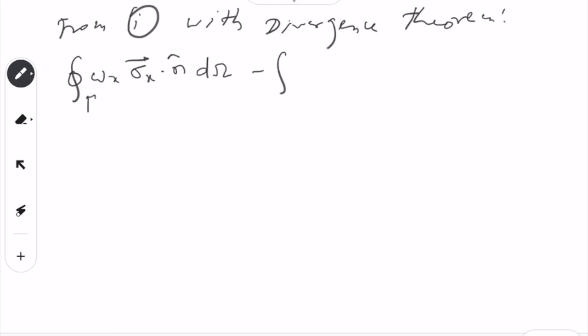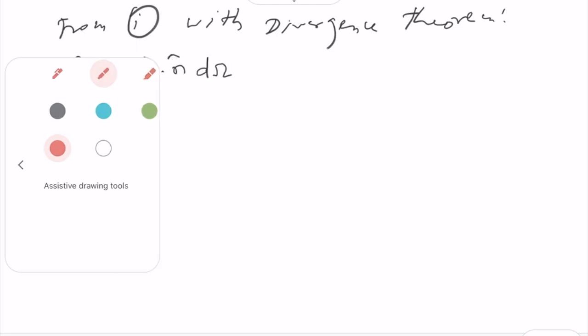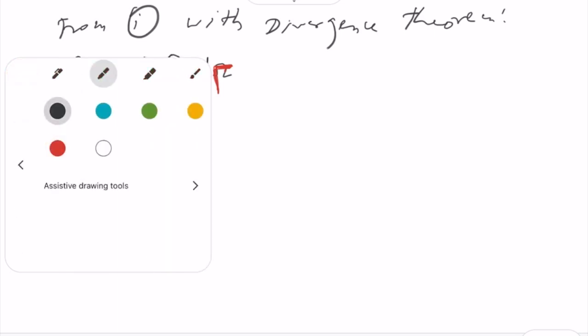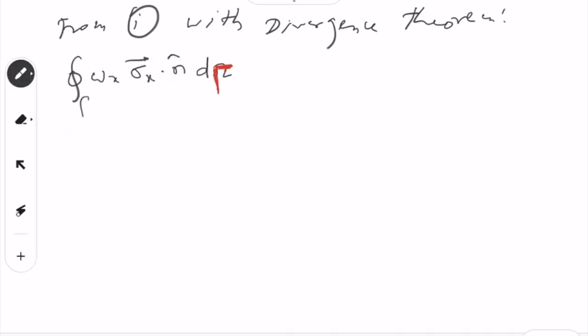Oh, okay, there is one thing wrong. This will not be omega but gamma basically. So this is for the whole gamma.